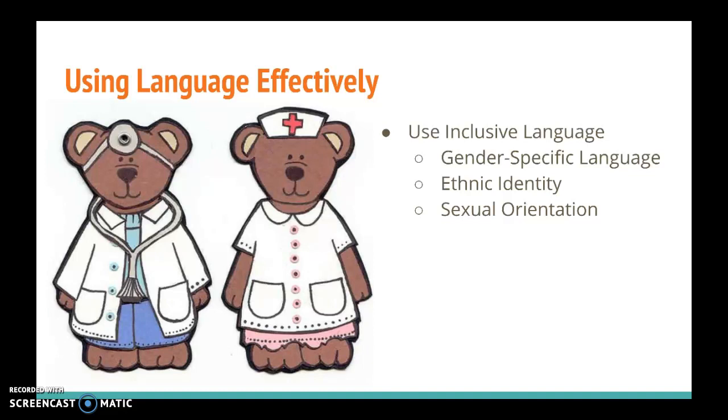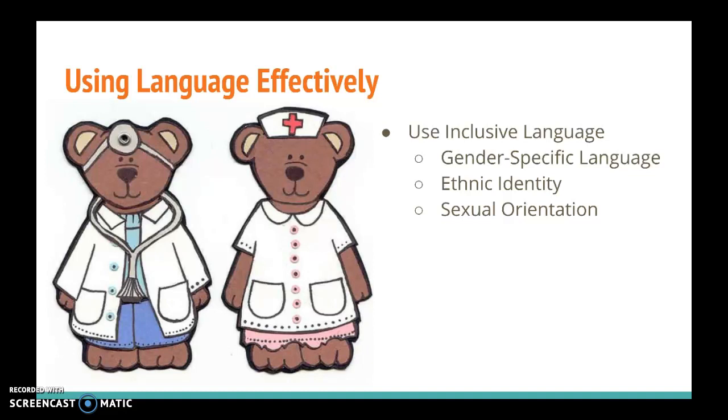And when we're using this sort of inclusive language as well, we want to use the LGBTQ label, right? Gay, lesbian, bisexual, transgender community, rather than saying homosexual, right? Because many people who are a part of that community will tell you that the term homosexual is far too clinical.